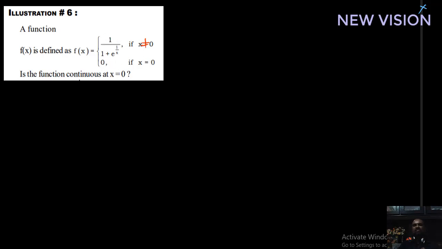Now you want to check the continuity at x equal to 0. For this type of problem, you need to find separate LHL and RHL at x equal to 0. Then I want to find LHL, that is called the limiting value, in actual fact f of 0 minus.